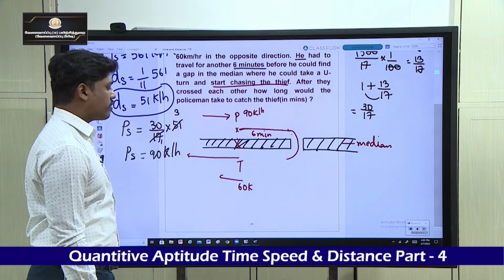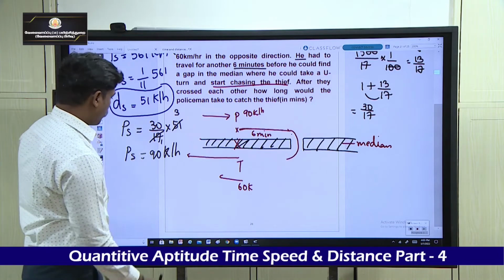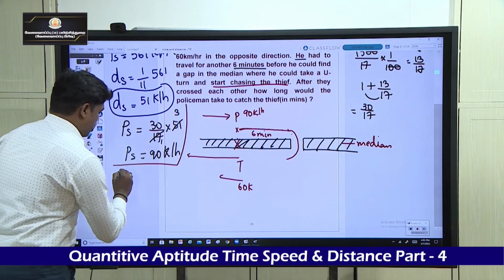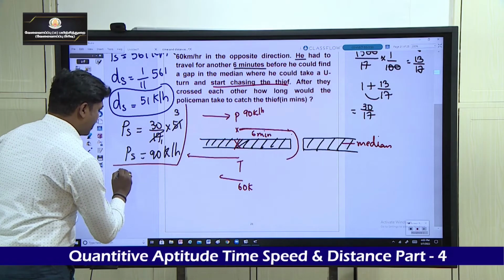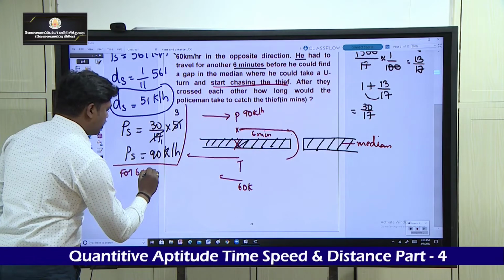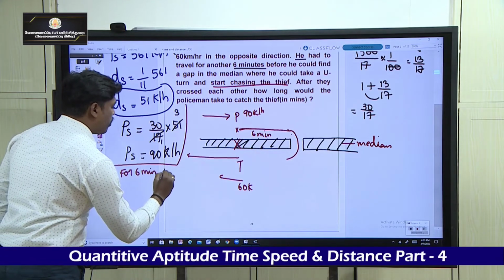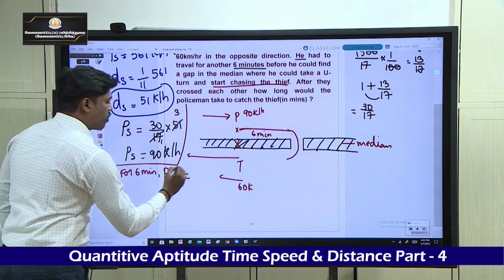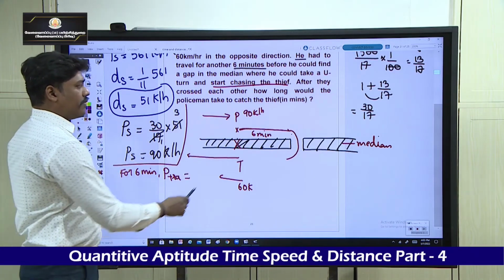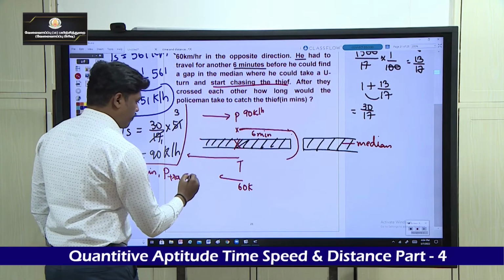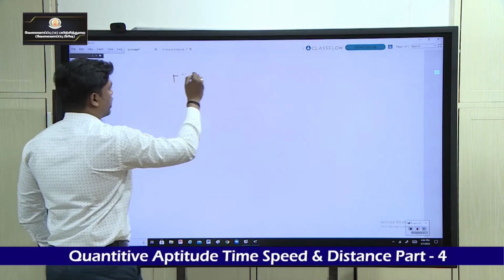What is the distance? So first let us see. For 6 minutes, police travel how much distance? Which is 90 into 6 minutes. Let me draw it clearly here.